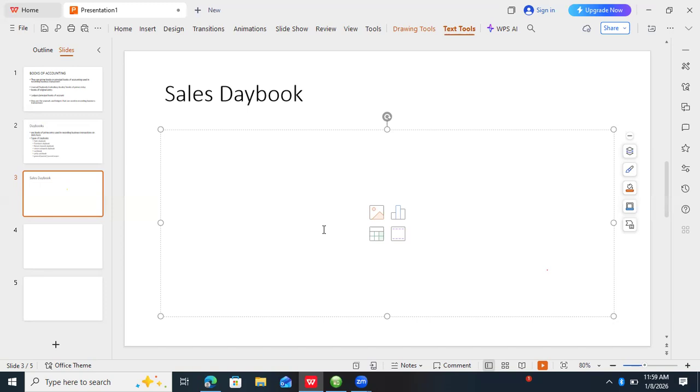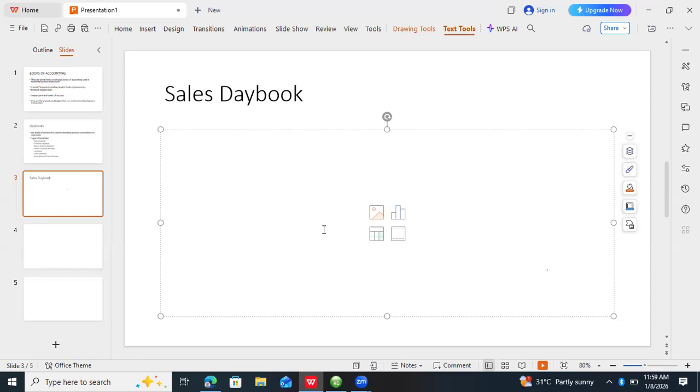So if, for example, the business is buying and selling tomatoes, and they sell tomatoes on credit, then you have to record it in the sales day book. If they sell the tomatoes and they received cash, which is a cash sale, you don't record it here. Likewise, if they don't sell tomatoes, they go and sell an asset, let's say a building, you don't record it in the sales day book.